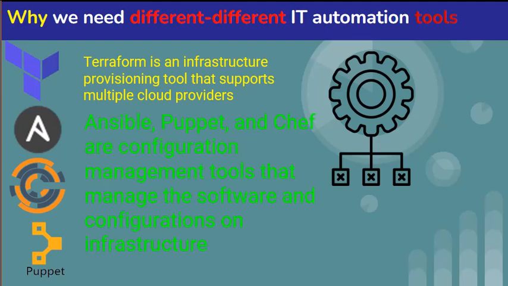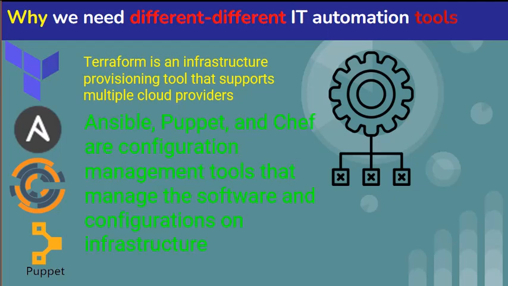Having a variety of tools allows for greater flexibility and specificity in automation. It also allows integration. Different IT automation tools may be compatible with different systems, applications and platforms. It is therefore important to have a range of tools to ensure that all aspects of our IT environment can be automated and integrated with each other.